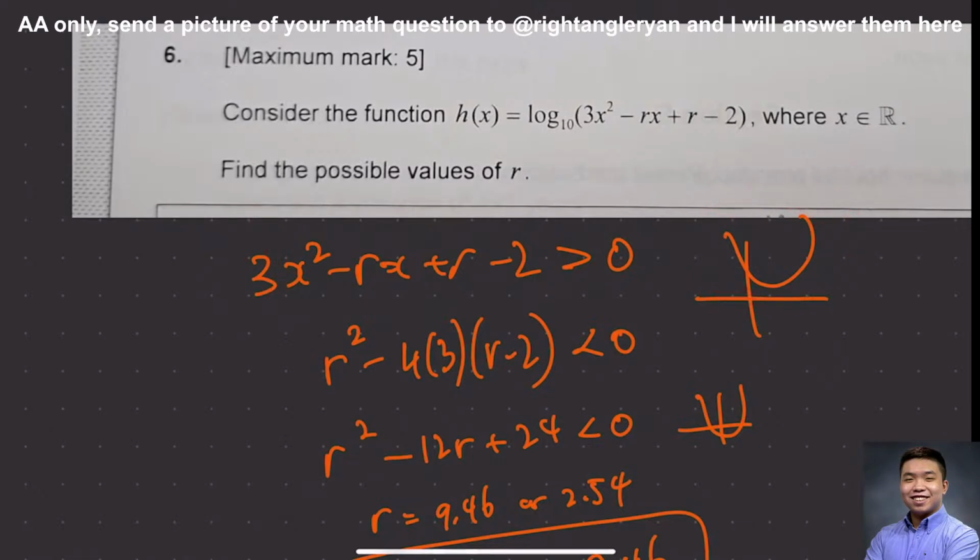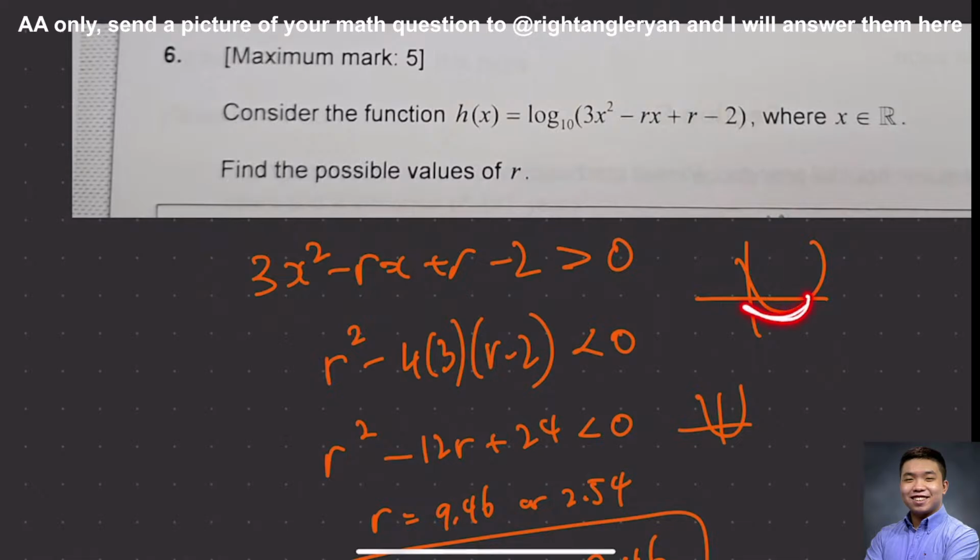Next, if this is a quadratic and I want the whole thing to be bigger than 0, that means this U cannot touch the x-axis, because if this U shape is lower like this, it touches the x-axis. In other words, if the quadratic has solutions, then I will have some values below the x-axis.